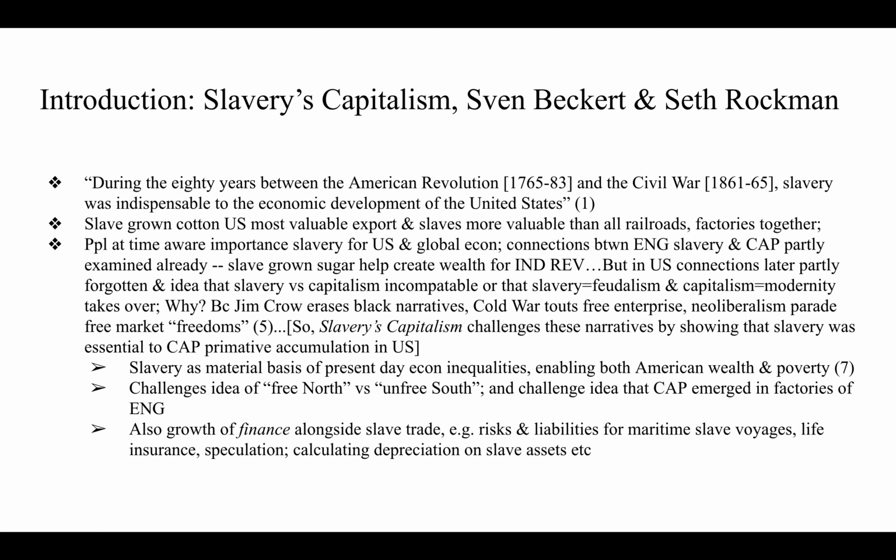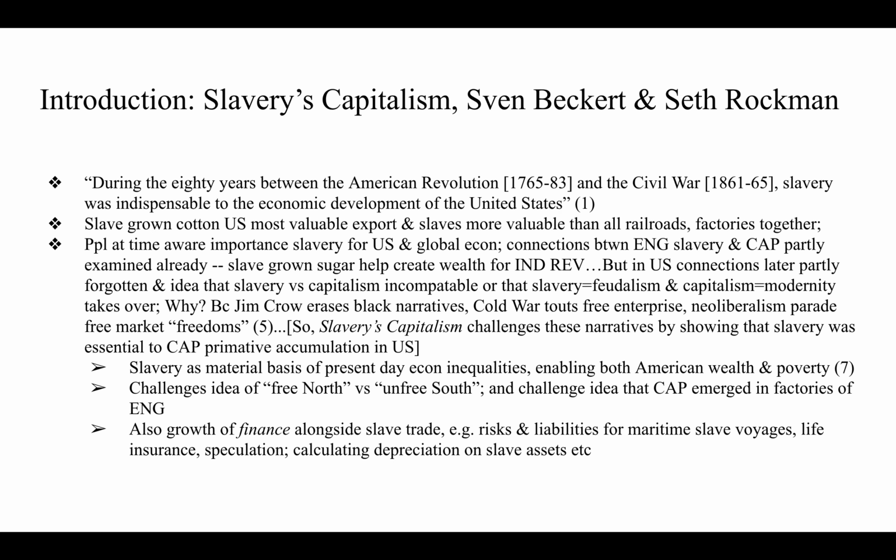Another reason is that, of course, in the U.S., various discriminatory racist Jim Crow laws erased black narratives. A Cold War ideology in that period touted free enterprise, and neoliberalism later, up until quite recently the dominant paradigm, paraded free market freedoms.